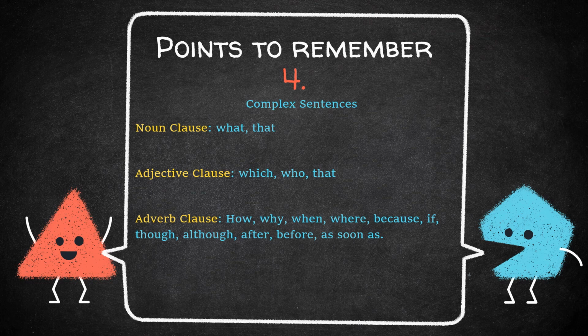Then when we talk about adjective clauses, the commonly used subordinating conjunctions are which, who, that, which pertain to the adjective clause. And for the adverb clause, the commonly used conjunctions are how, why, when, where, because, if, though, although, after, before, as soon as, and many such others.